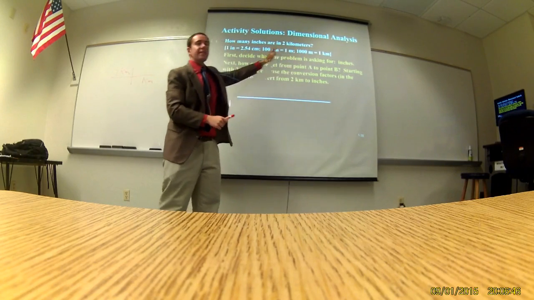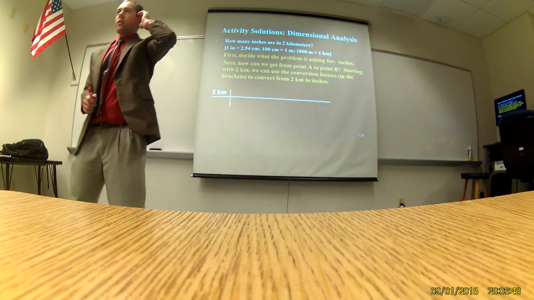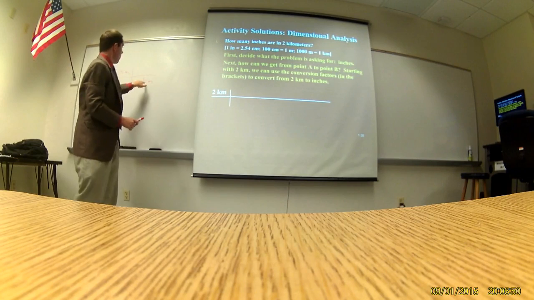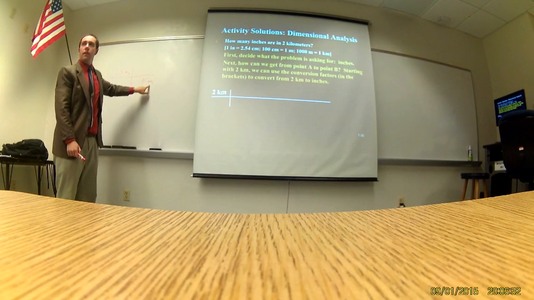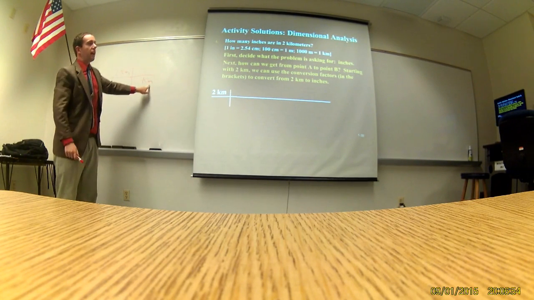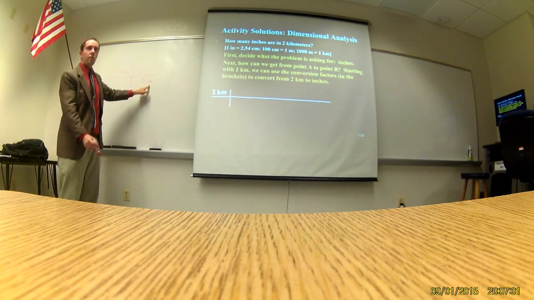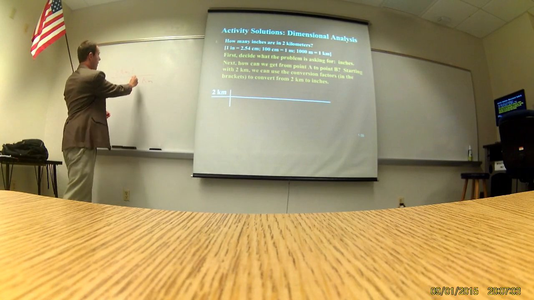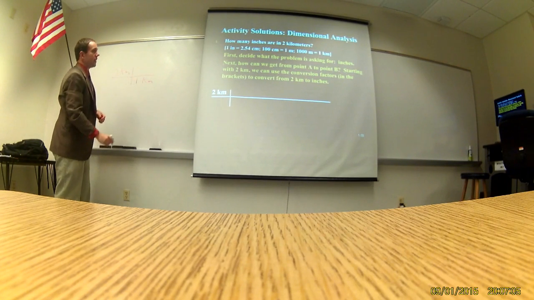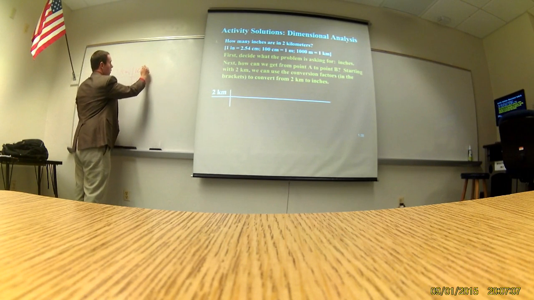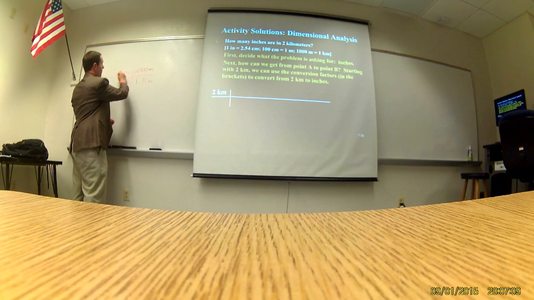Even if you don't see the route jumping out in your head, we know we have to have kilometers here, right? Only one of our conversion factors has kilometers in it. So that tells us what our first conversion factor is. So 1 kilometer is equal to 1,000 meters.